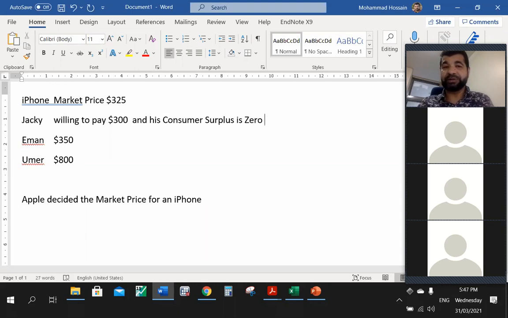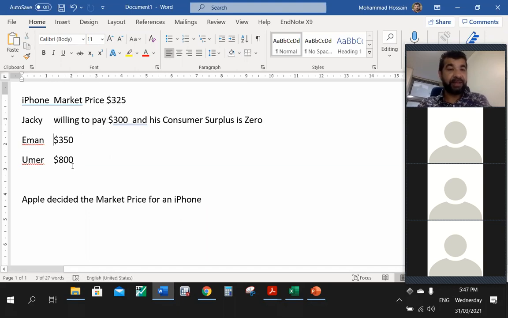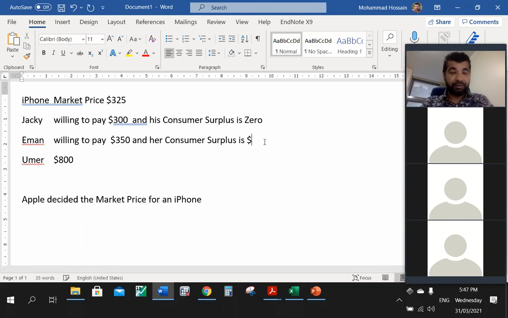Jackie does not have any consumer surplus here. Then Eman is willing to pay 350, and her consumer surplus is $25. Eman is happy of $25. She wanted to pay 350, but she will now have to pay 325.